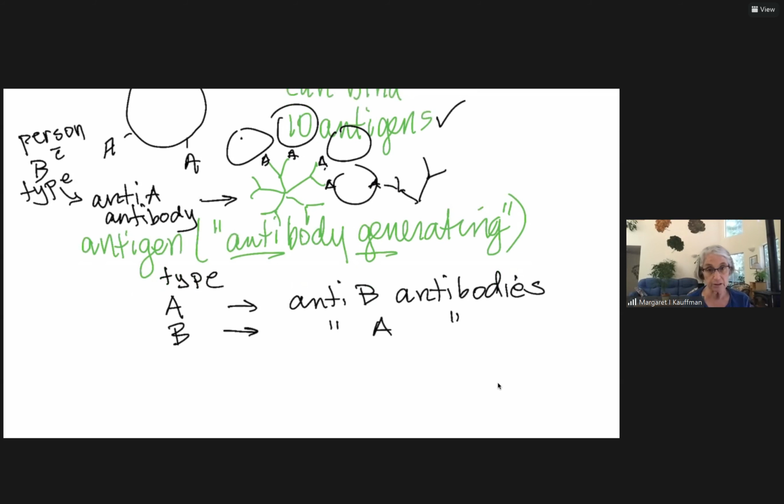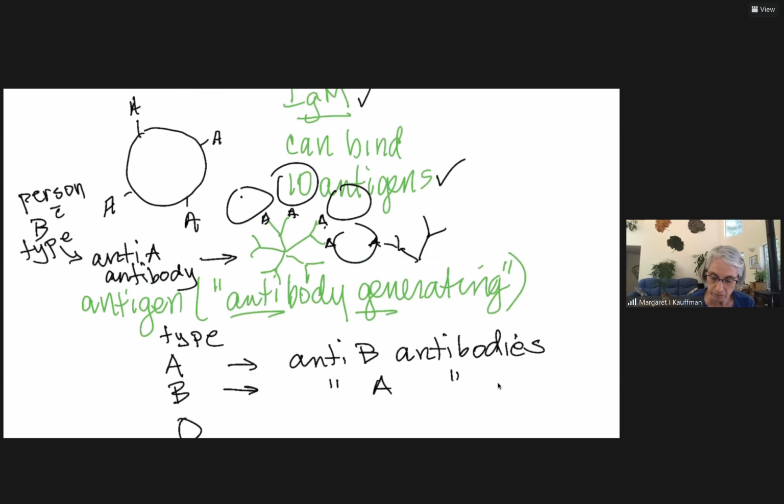And then there is a type of blood, which you're probably aware of, which is O. So if you have type O blood, you don't have any glycoproteins. They're not there at all.